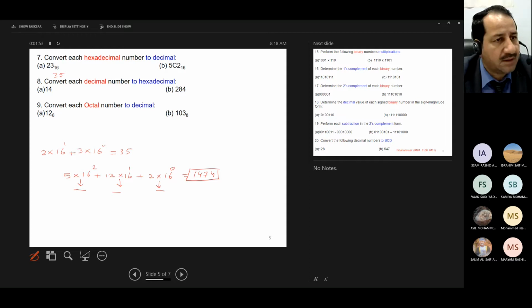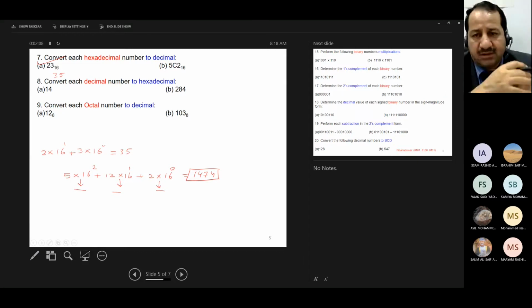Okay. Now this is for conversion of hexadecimal number to decimal number. Now convert decimal to hexadecimal. In general, just to remember what we discussed in week number 1. Do you remember when we said that if we want to convert from decimal to any other numbering system for integer numbers, what we should do?